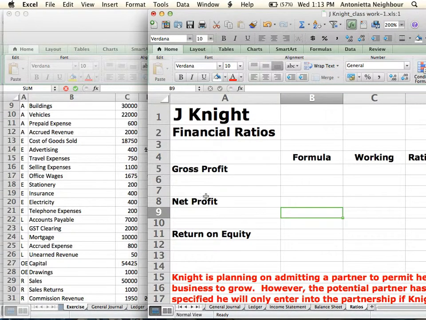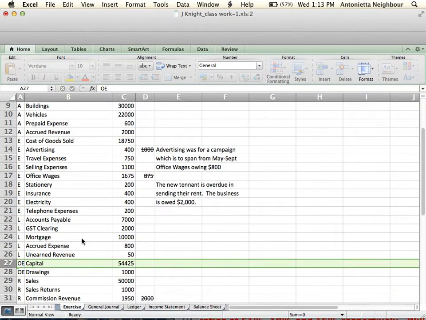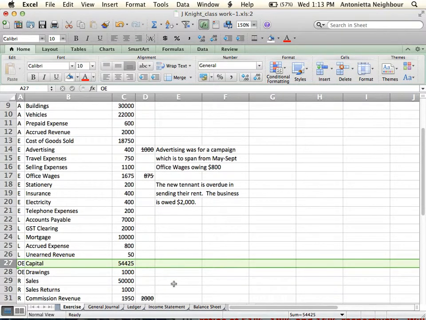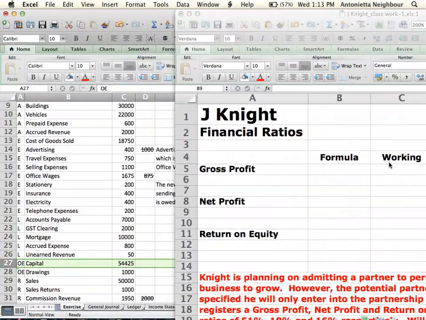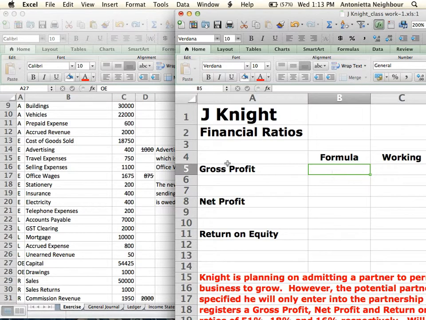Now, the three ratios you must be able to calculate in the exam are the gross profit ratio, net profit ratio, and return on equity. They're the profitability ratios. They help you determine how profitable the business is. So we need to know the formulas. The formula for the gross profit ratio is gross profit over net sales.